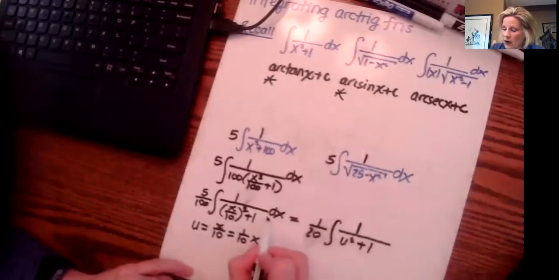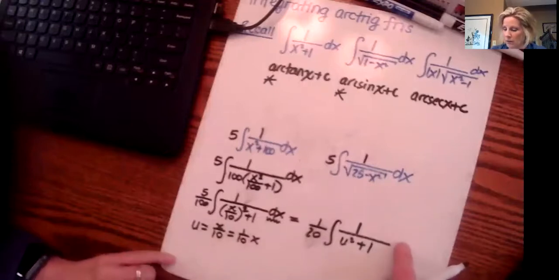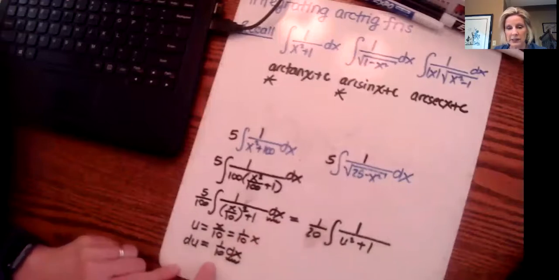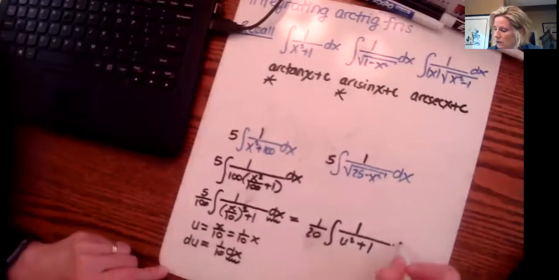So we've got to figure out what do we do with the dx part, because I don't want the dx over here. I want it in terms of u's. So du equals just 1/10 dx. That means the dx will get replaced with, multiply by 10 du.